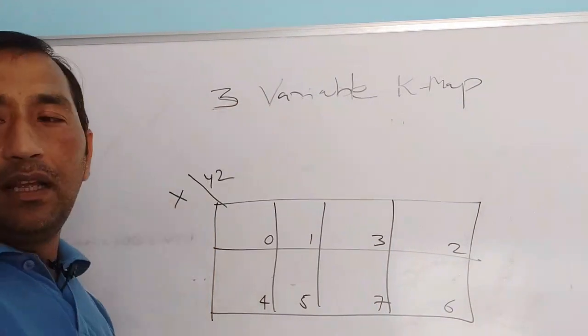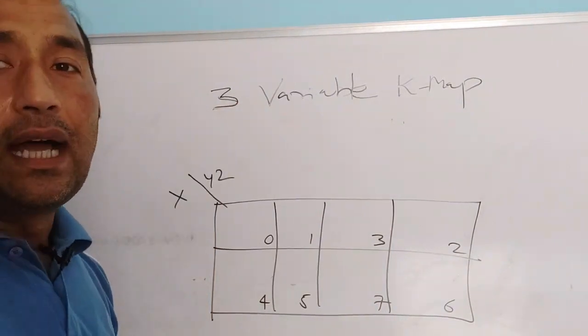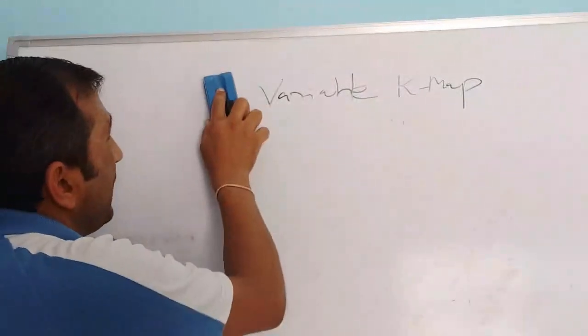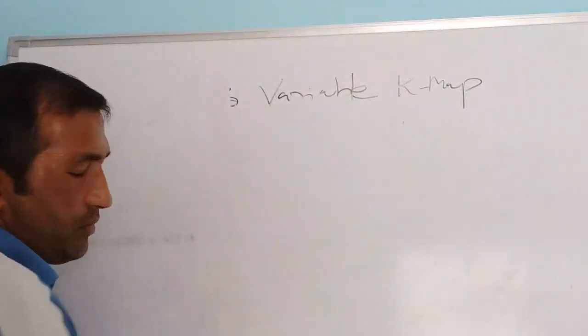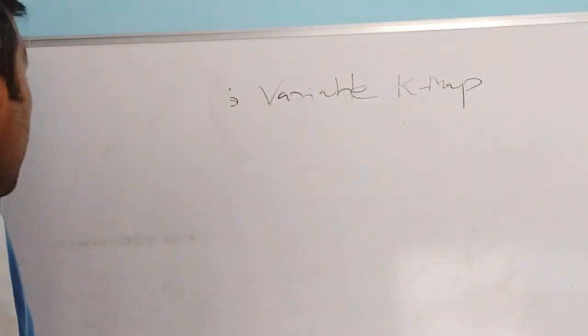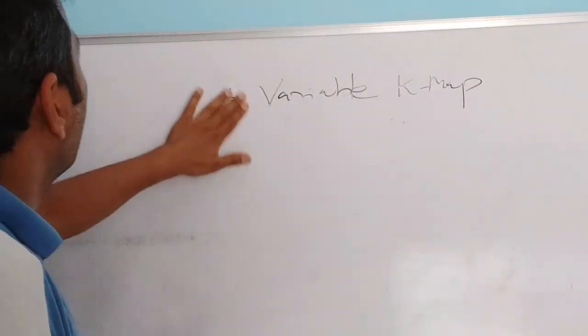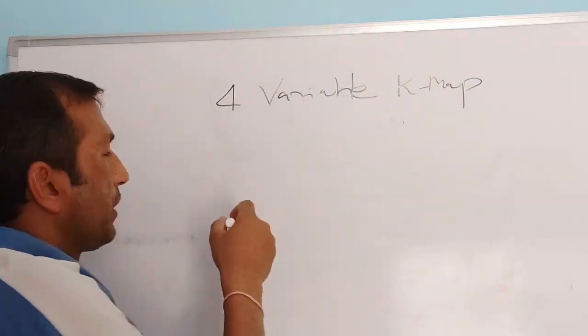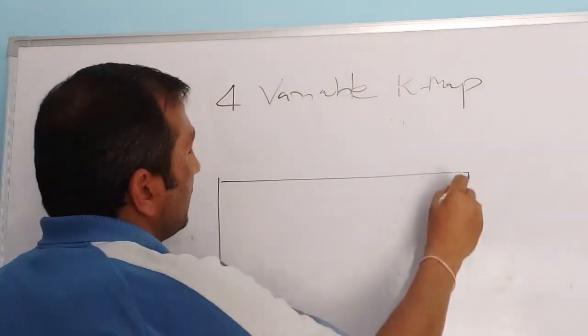Now lastly we will see the 4 variable K-map, and that is most common actually for class 12. In class 12 you will see there will be questions from 4 variable basically, and sometimes from 3 variable also. So this is 4 variable K-map. Now I think we will do it quickly. You are familiar with this.